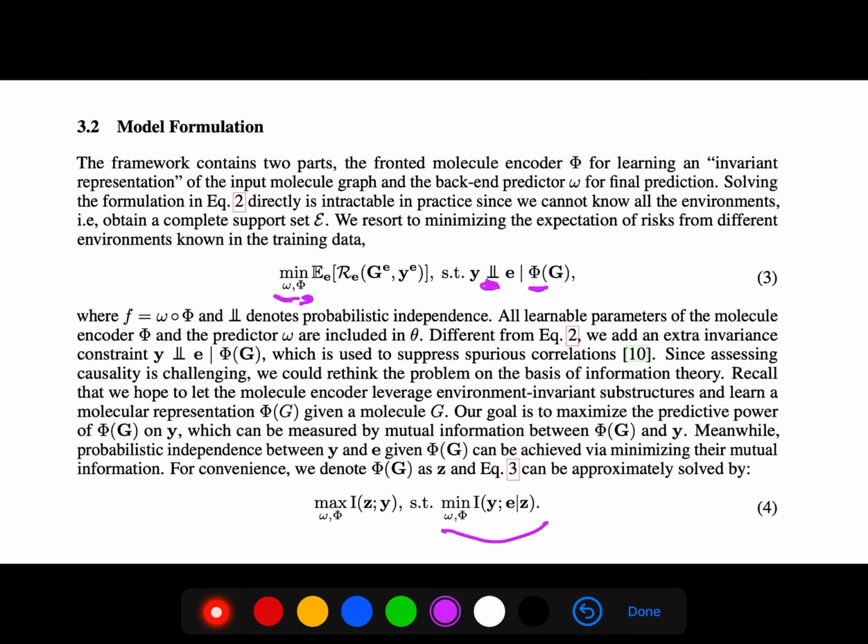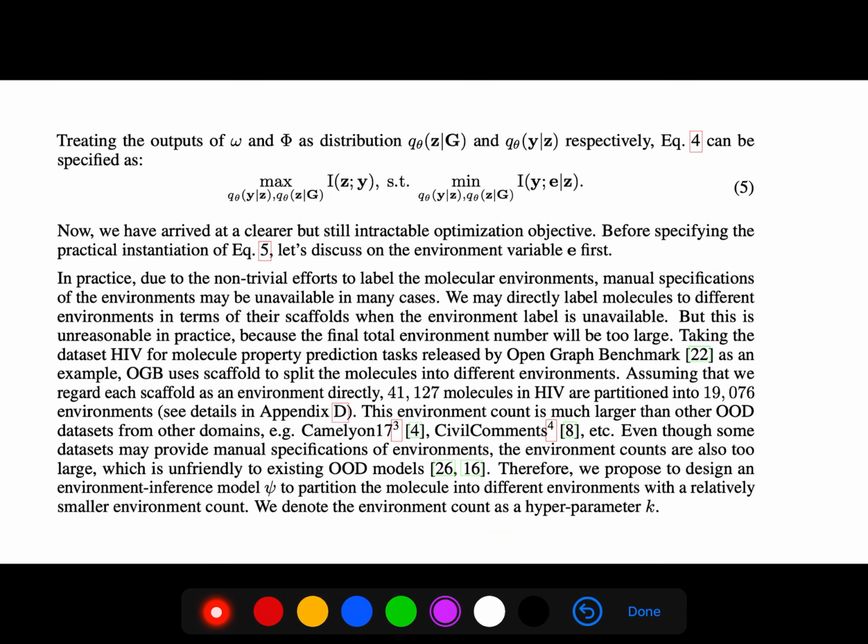Here is just mutual information between your Y and the environment. So treating the outputs of the omega and phi as distribution can be specified like this. So we have arrived at a clear but still intractable optimization.